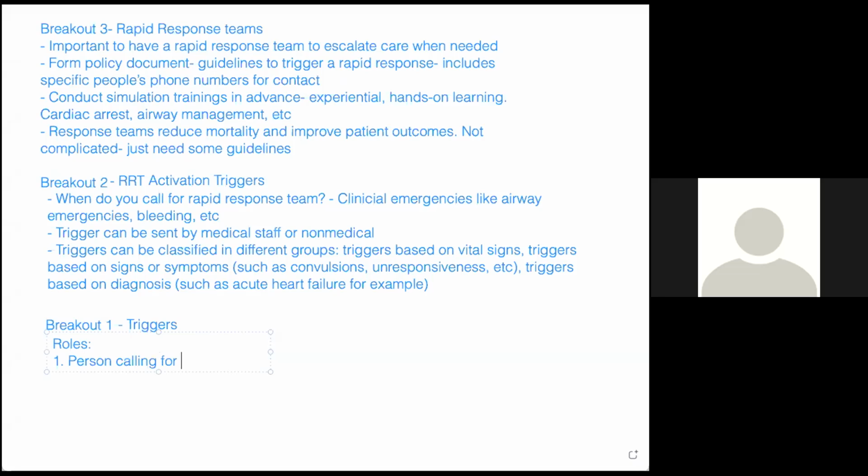The other limb is the one responding, the people who make up this code blue team. We looked at who is supposed to be found in this code blue team. We said there should be an emergency physician, a critical care team, or an emergency care nurse who are able to respond when they're called upon.